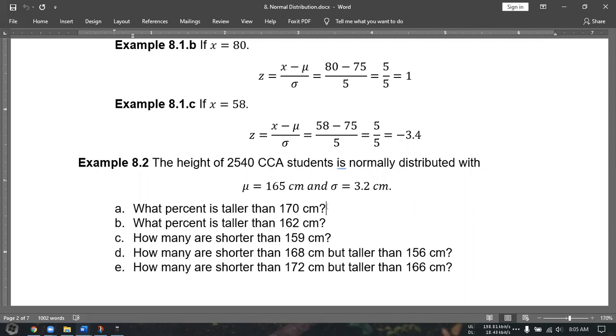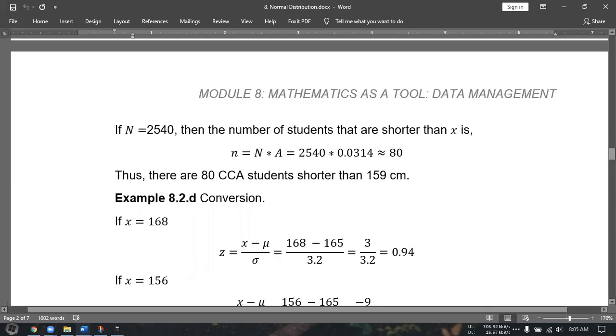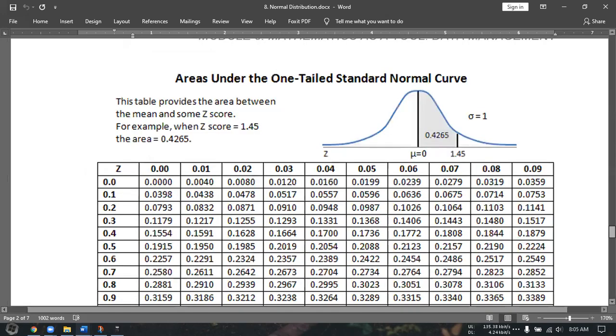Using the z-score, you can determine the area from the mean by referring to this table, the areas under the normal curve, one tail.